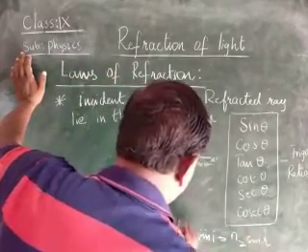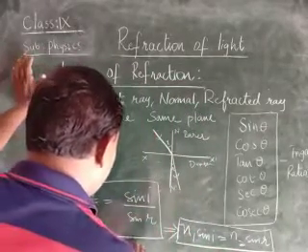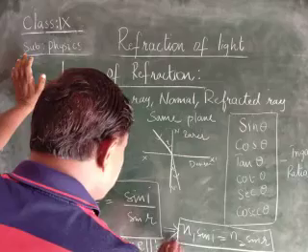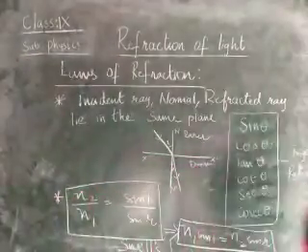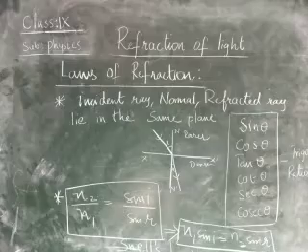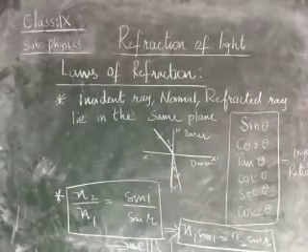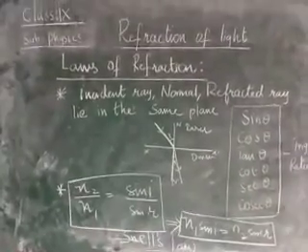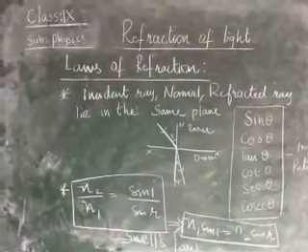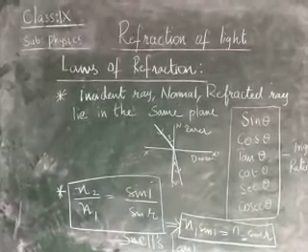This is called Snell's law. The second law of refraction is called Snell's law. Snell's law states that n1 sin i is equal to n2 sin r, children.